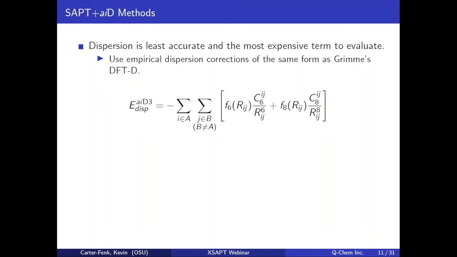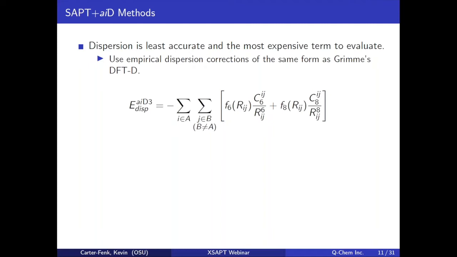So what we can do is use this empirical dispersion correction of the same functional form as Grimme's DFT-D corrections, but with a different objective here.